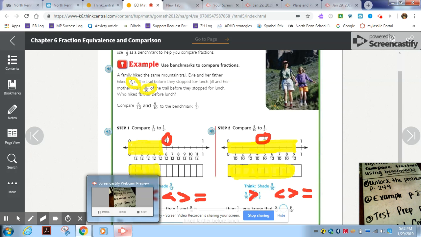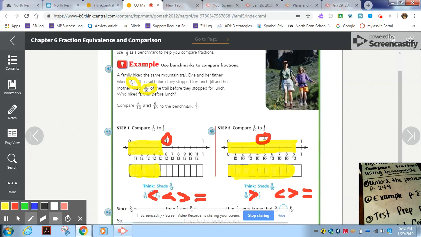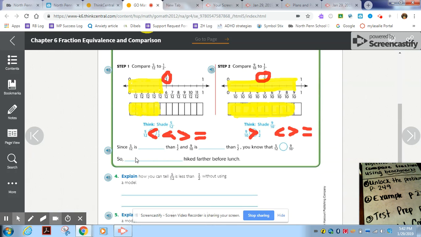Okay. Now, let's keep moving along. So hopefully you're caught up. And we're going to answer this question. Let's talk about it. So since 5/12 is less than 1/2 and 9/10 is greater than 1/2, you know that 5/12 is what to 9/10?